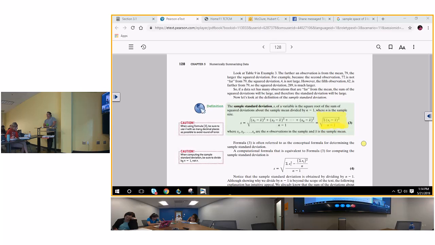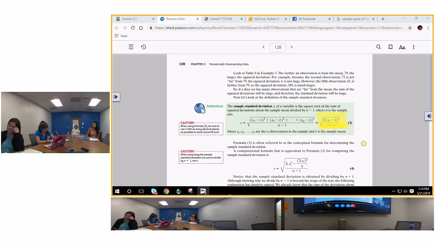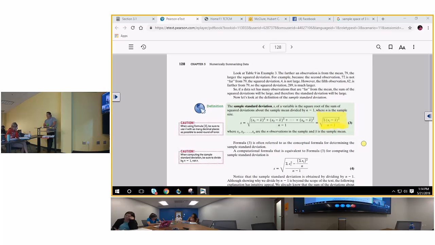What is the most important number? Anybody want to take a guess? There's about 4 of them. Okay? The median is one of them. The mean is one of them. What else? The population mean? Well, that's the mean. Good. She just said the mean. You did too. Standard deviation.